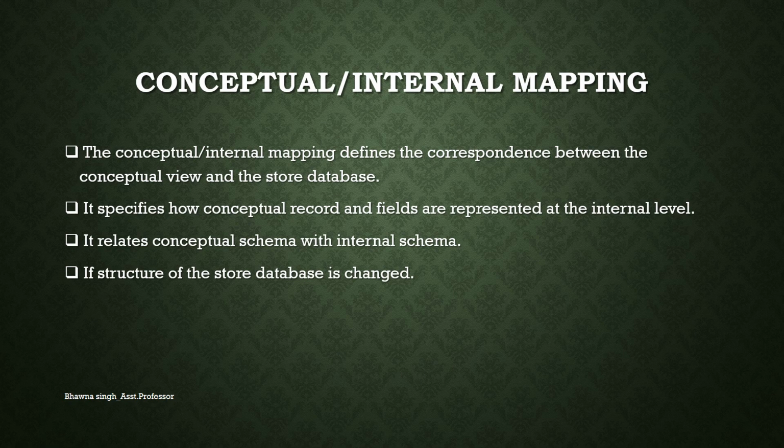That means this conceptual internal mapping tells the DBMS how the conceptual records are physically represented in the storage devices. And if the structure of the storage database is changed, then this mapping must be changed so that we can save the data accordingly to the data file.